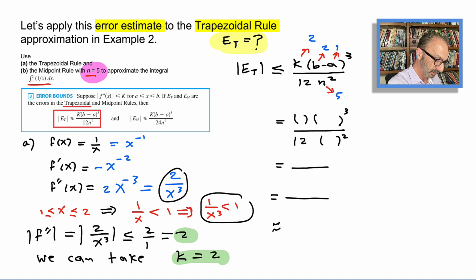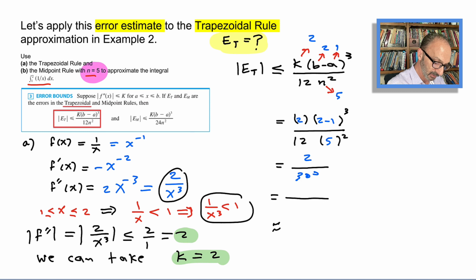Simplifying, we get 2 times 2 minus 1 to the power 3 over 12 times 5 to the second, and that will give me 2 times 1 to the third, which is just 2, and down below 25 times 12, that's 300.